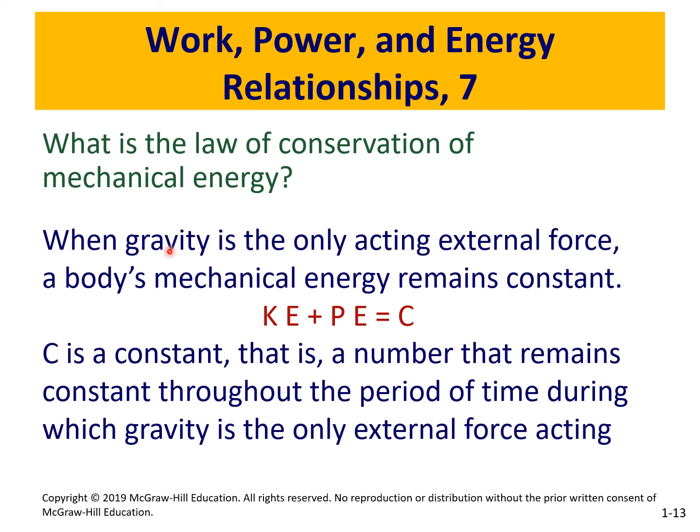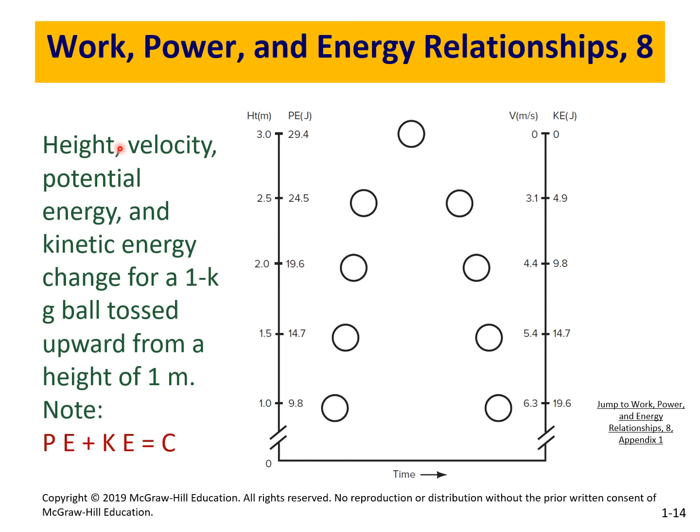So when gravity is the only acting external force, a body's mechanical energy remains constant. So kinetic energy plus potential energy should equal C, a constant value. C is a number that remains constant throughout the period of time during which gravity is the only external force acting.